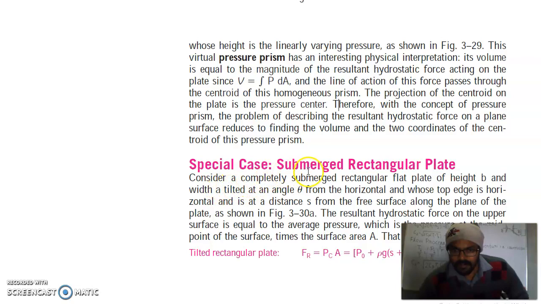Now consider a special case of a submerged rectangular plate. Suppose your rectangular plate is completely submerged, with height b and width a, and it is tilted at angle theta from the horizontal, whose top edge is horizontal and is at a distance s from the free surface along the plane of the plate.